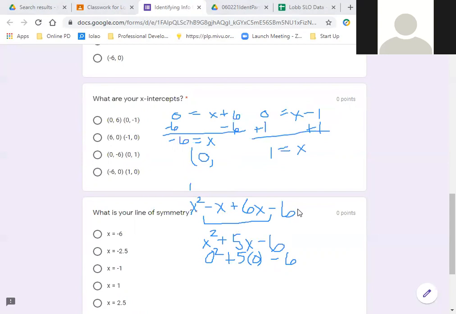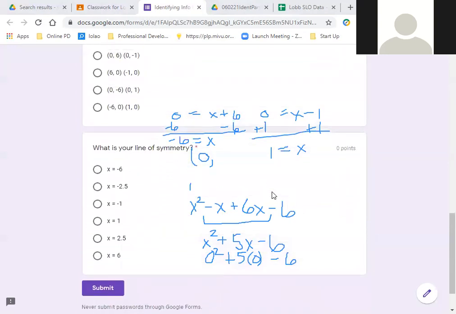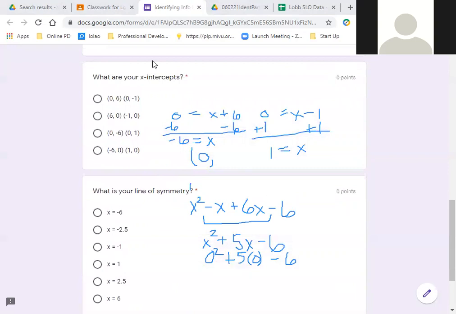Now, in our notes, we learned that we can use our x-intercepts to find our line of symmetry. So you can add them together. -6 plus 1. Once you add them together, you can divide by 2. So -5 halves.